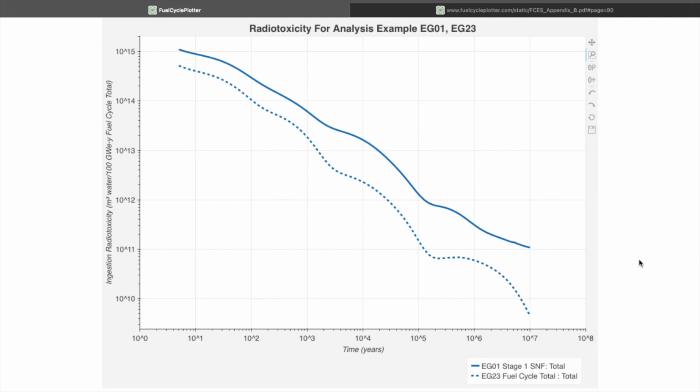There are several reasons for the diminished radiotoxicity profile of the waste from EG23, but one important factor is that the discharged fuel in EG23 is processed so that uranium and plutonium can be fed back into the reactor. Comparing different fuel cycles using FCP will reveal that fuel cycles which utilize natural resources in an efficient manner are not only more sustainable, but are also safer when it comes to long-term waste management.